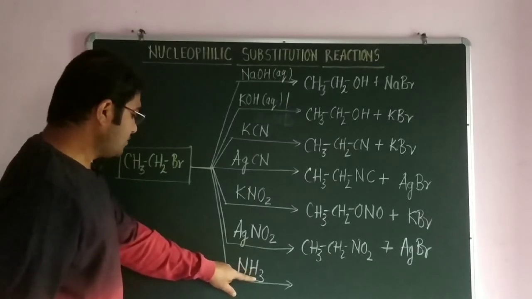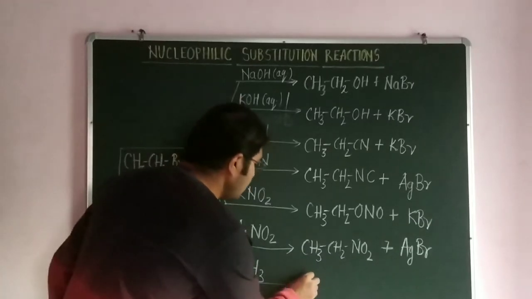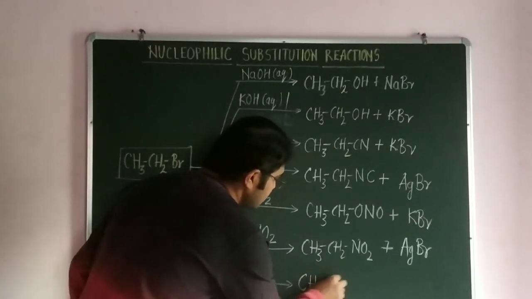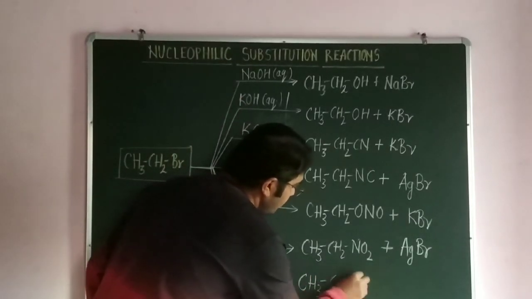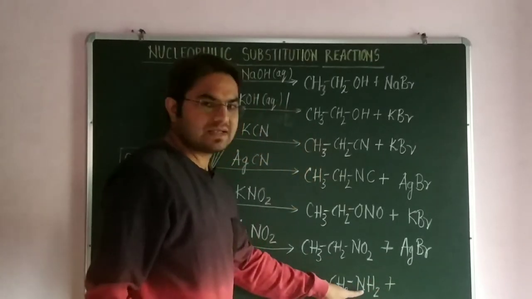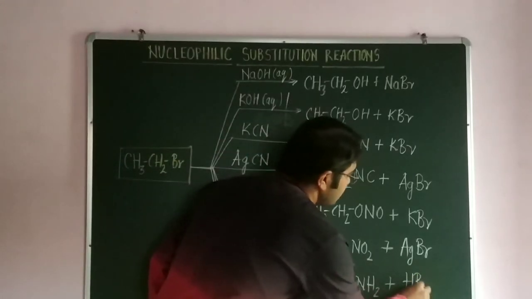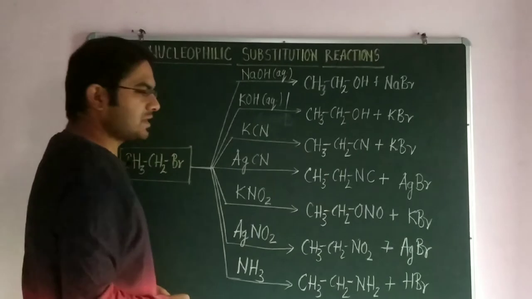One hydrogen from this and one Br is out, HBr is out from this reaction as byproduct, and this is the formation of a new functional group, that is amines. So these are some common nucleophilic substitution reactions.